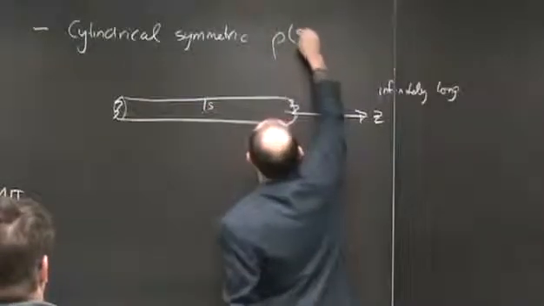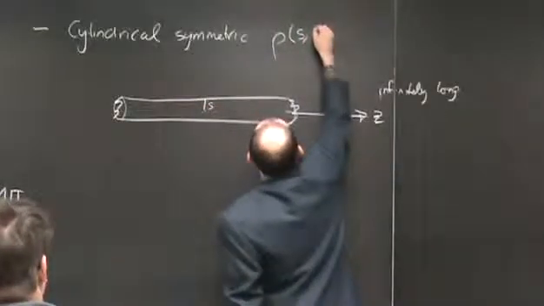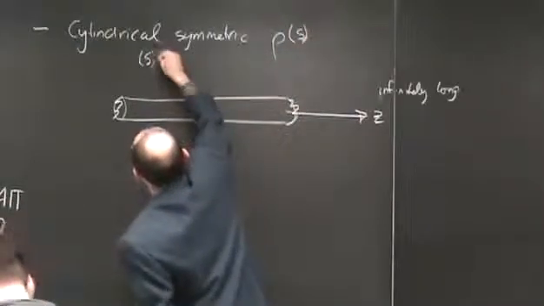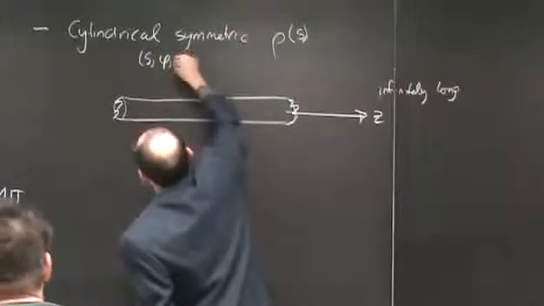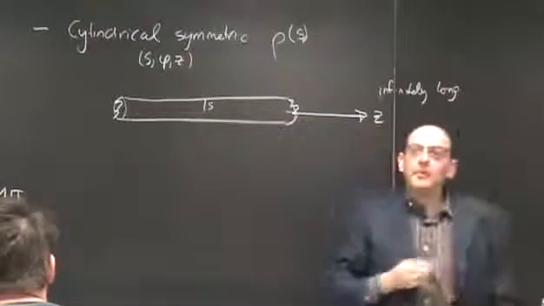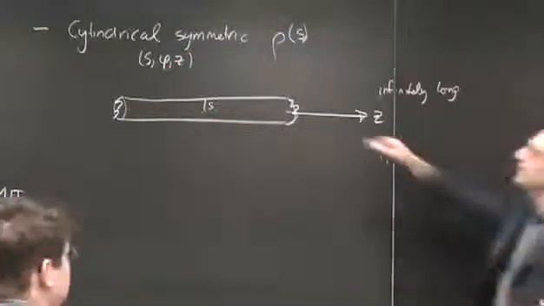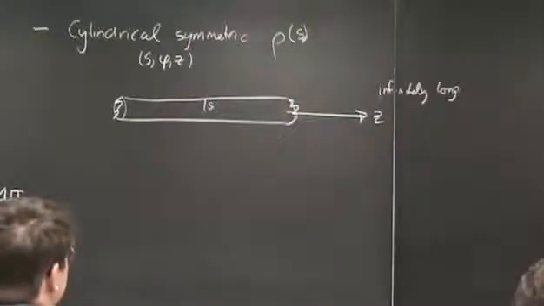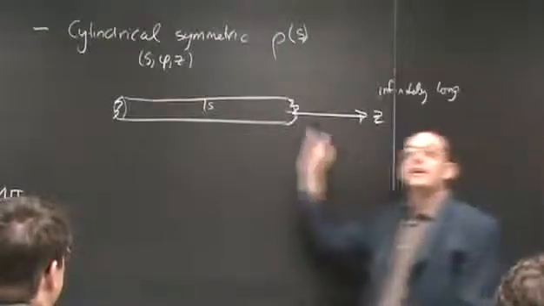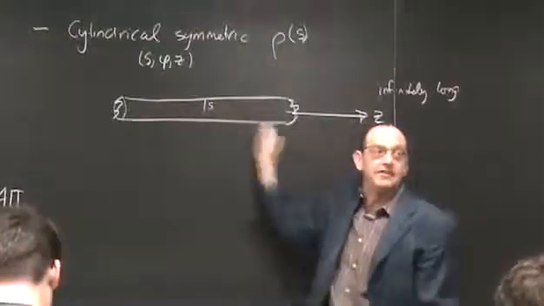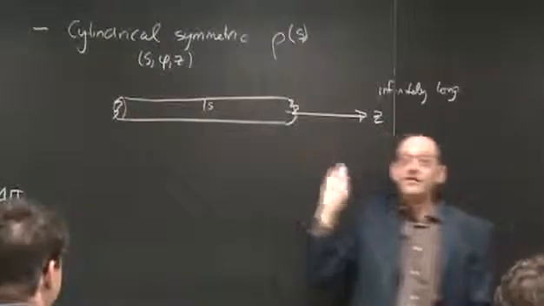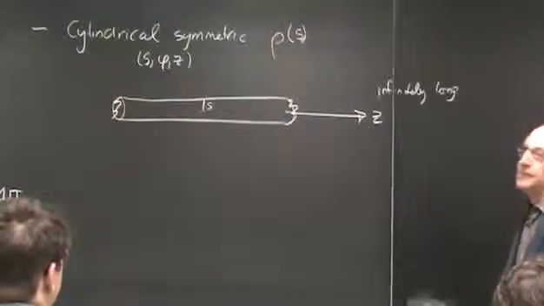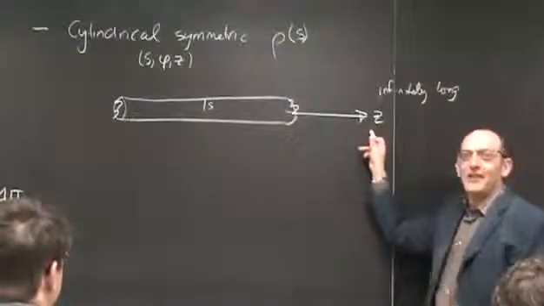So it only depends on S. So generally, in cylindrical coordinates, we would have S, phi, and z, but for cylindrical symmetry, what I mean is it only depends on this cylindrical distance from the axis. If we didn't have infinite length, then of course the charge density would depend also on z, because it would be something like this in z and then 0 outside that.